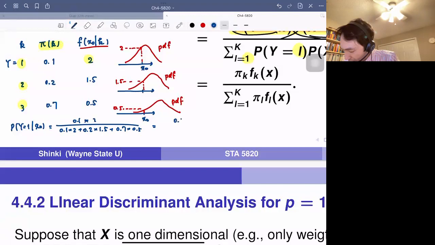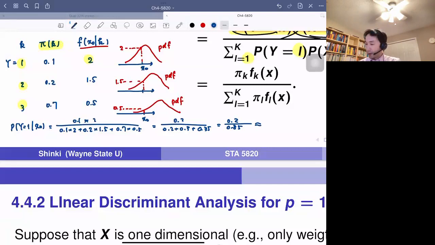So this is 0.2 over 0.2 plus 0.3 plus 0.35, right? So this is 0.2 over 0.85. You can compute 0.2 divided by 0.85.